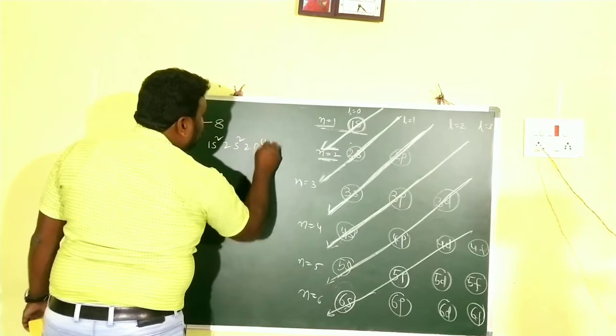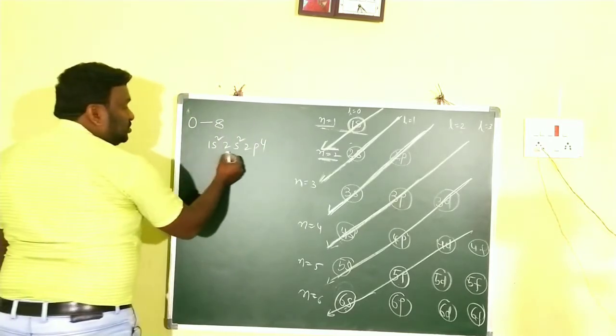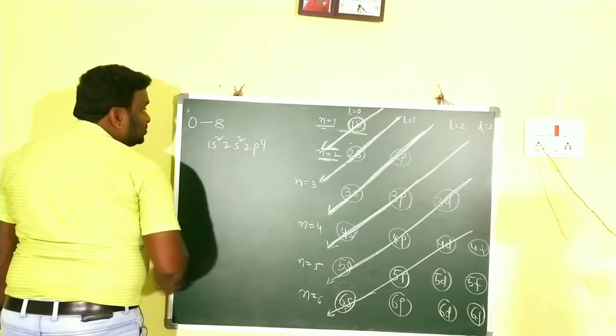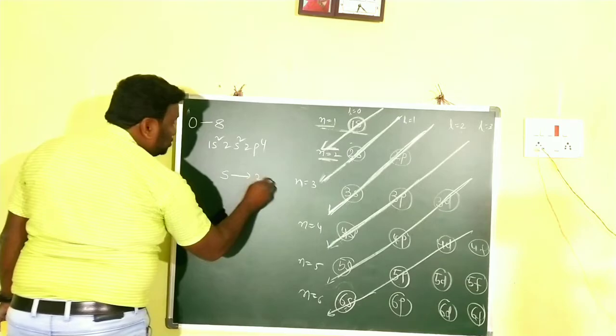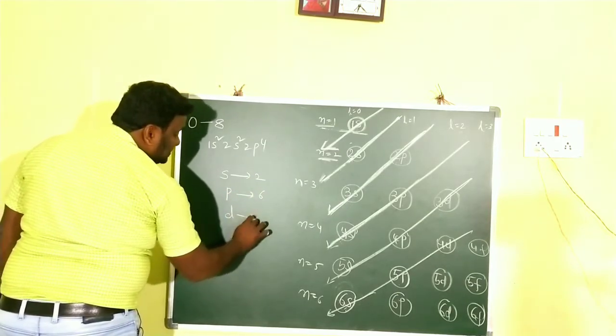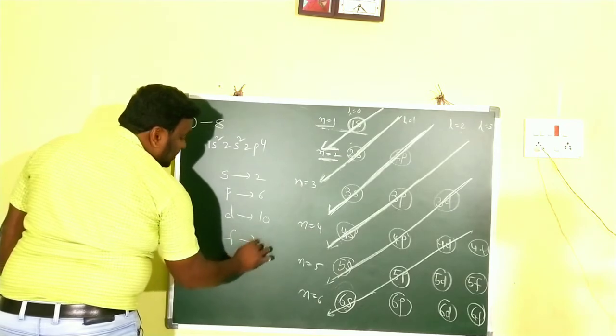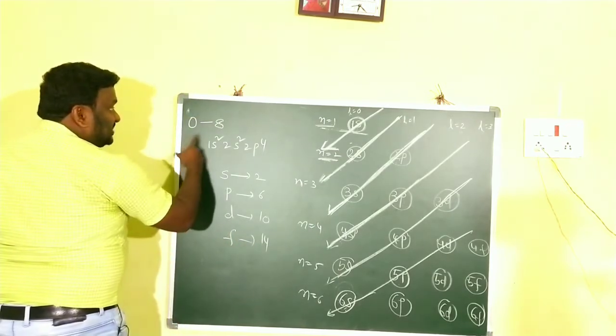This is the electronic configuration: 1s2, 2s2, 2p4. Every time you have to remember the capacity of the s orbital is 2, the capacity of the p orbital is 6, the capacity of d is 10 and the capacity of f is 14 electrons. Clear?